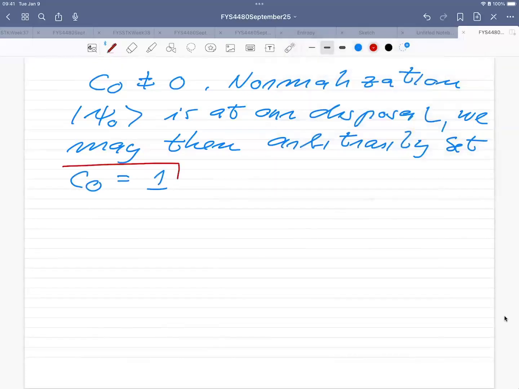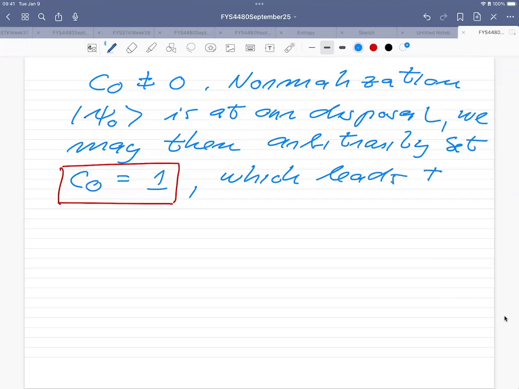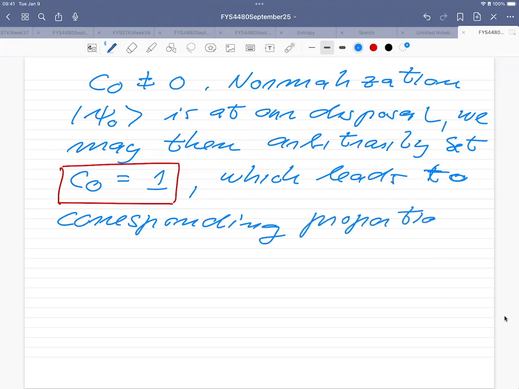Let's just do that. And that means corresponding proportional changes in all other coefficients.